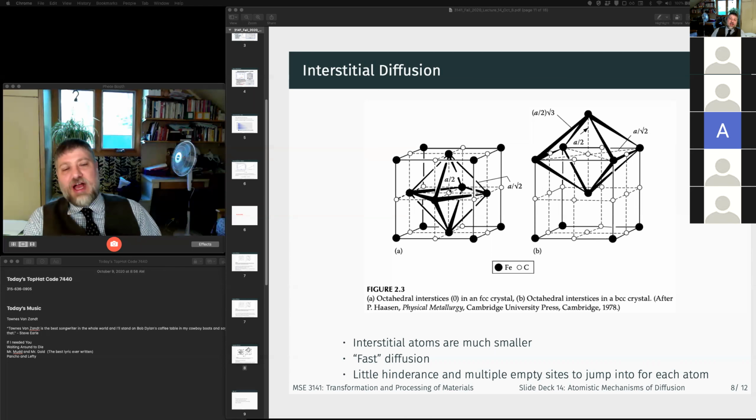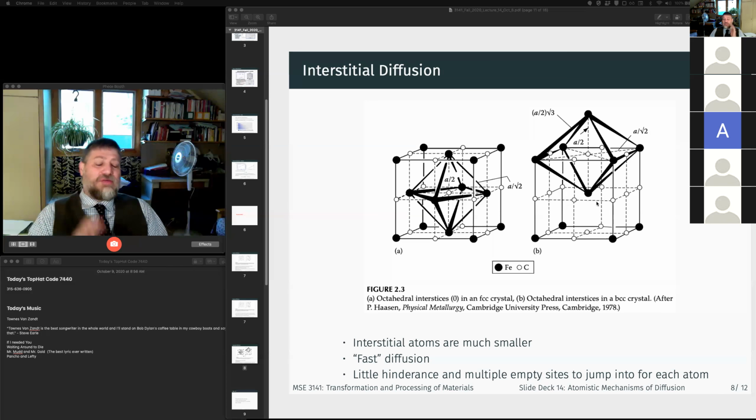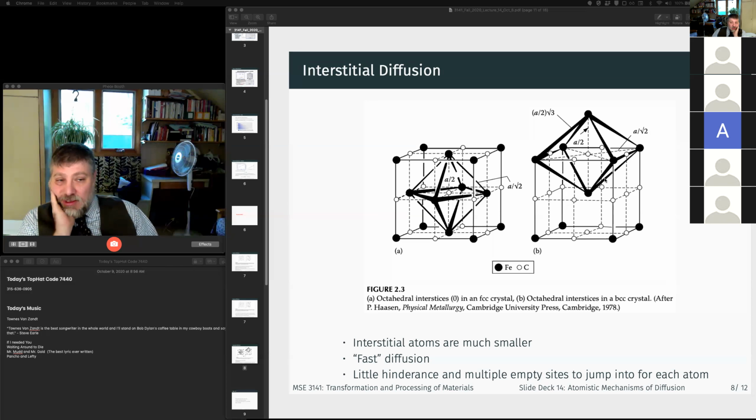slightly tetragonal unit cell, but it's close enough to BCC, right? The change from a to c is really small. So without any real loss of generality, we can think about the BCC.